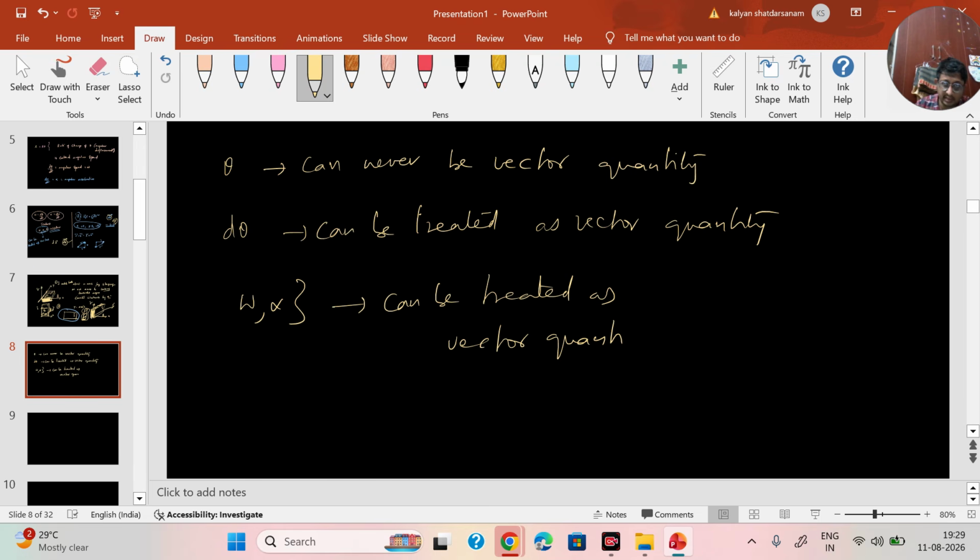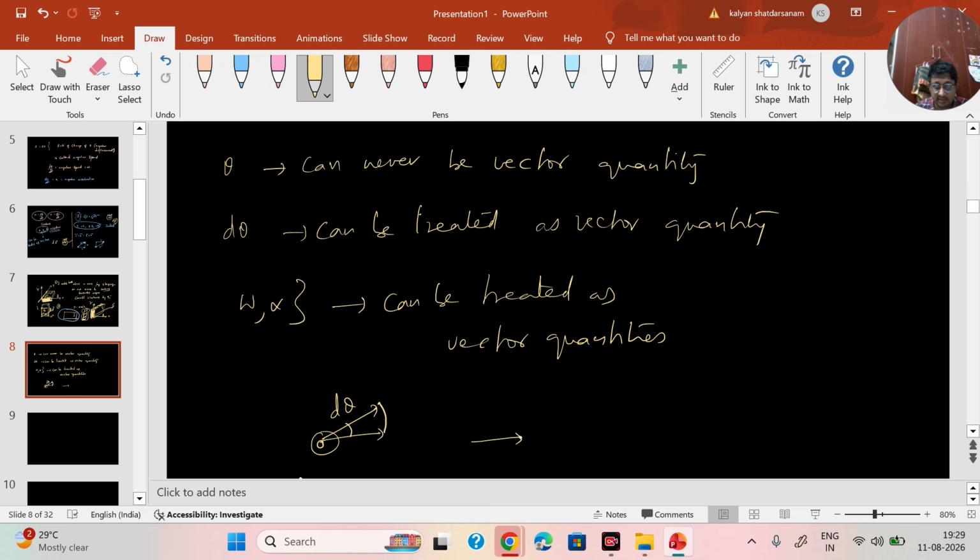Then what will be the direction of these if you are treating them as vector quantities? Generally, we give this direction based on the right hand rule. Suppose a point is rotating by a small angle d theta anti-clockwise, you take your right hand and curl your fingers anti-clockwise, and the thumb gives the direction of omega. So in this case, omega is out of the screen.